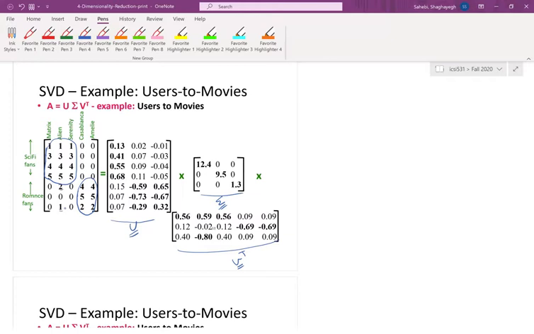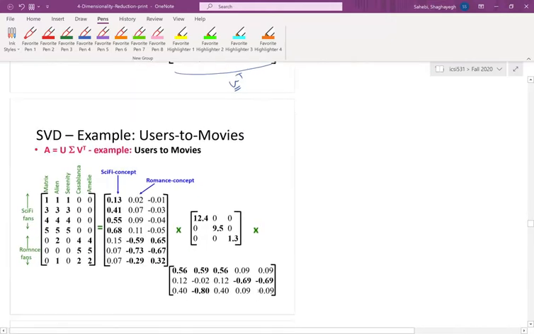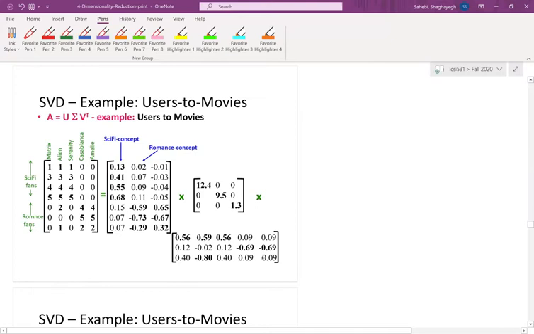Now, if we look at the decomposition, we see some meaning or pattern in the decomposition also. The first thing that we see is that we can look at each of these lower dimensions, this user by R matrix, to be representative of a concept in our data.